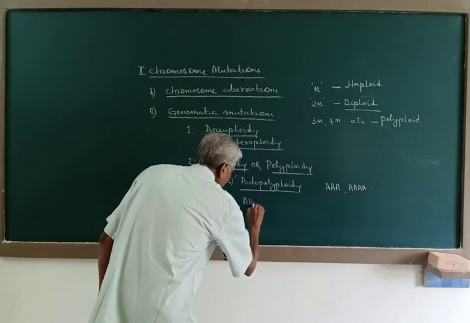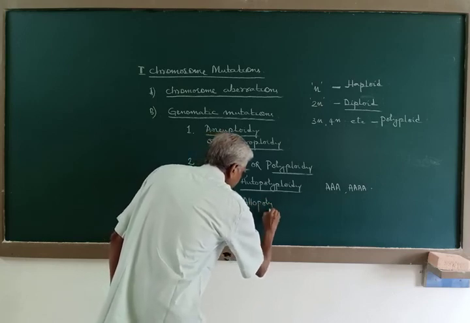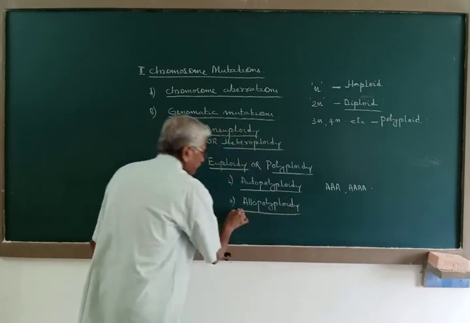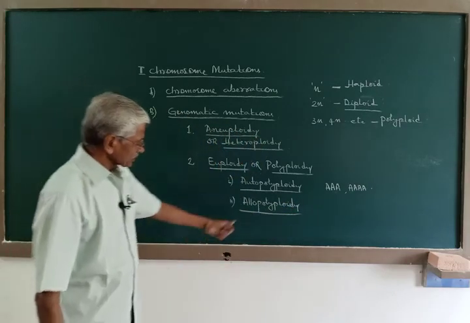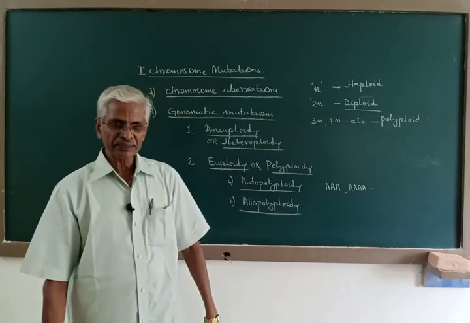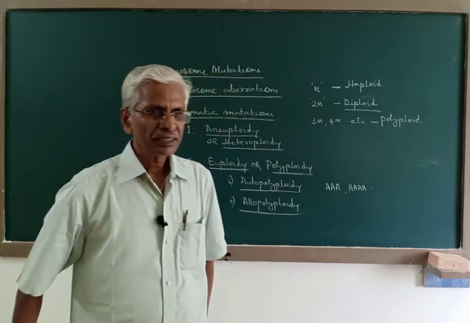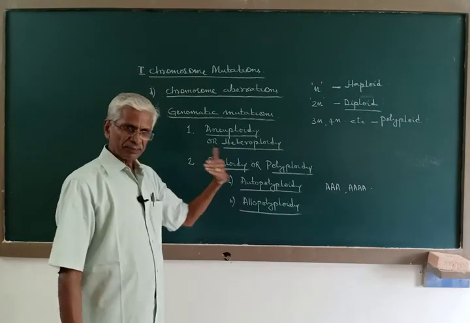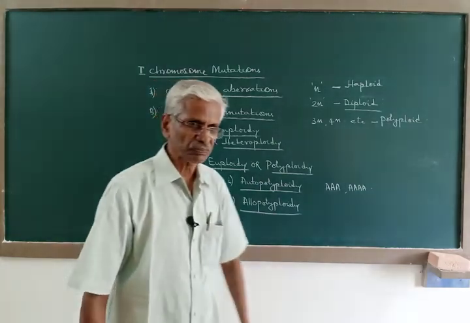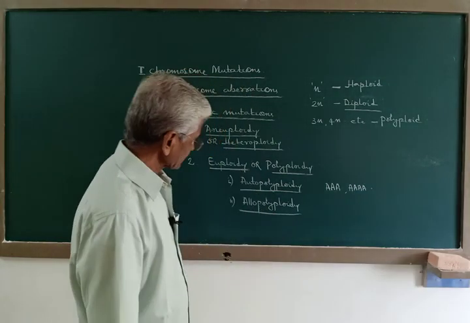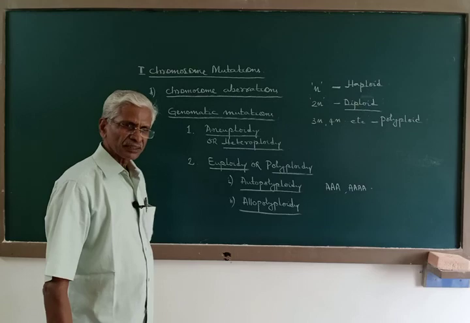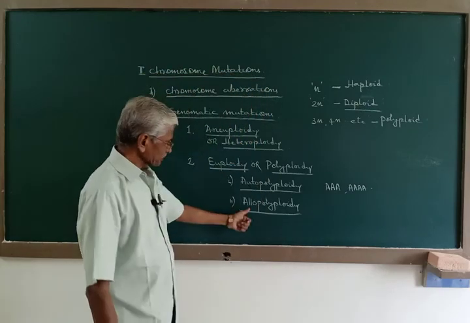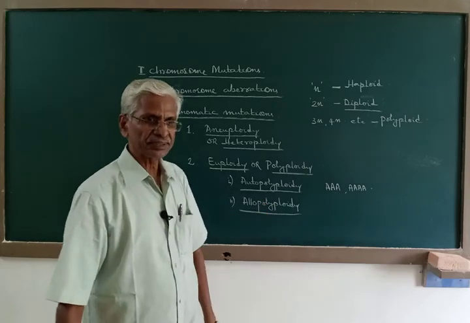And another, allopolyploidy. Now, allopolyploidy is the condition where hybridization of two species of individuals followed by duplication of the chromosome results in what is called allopolyploidy.